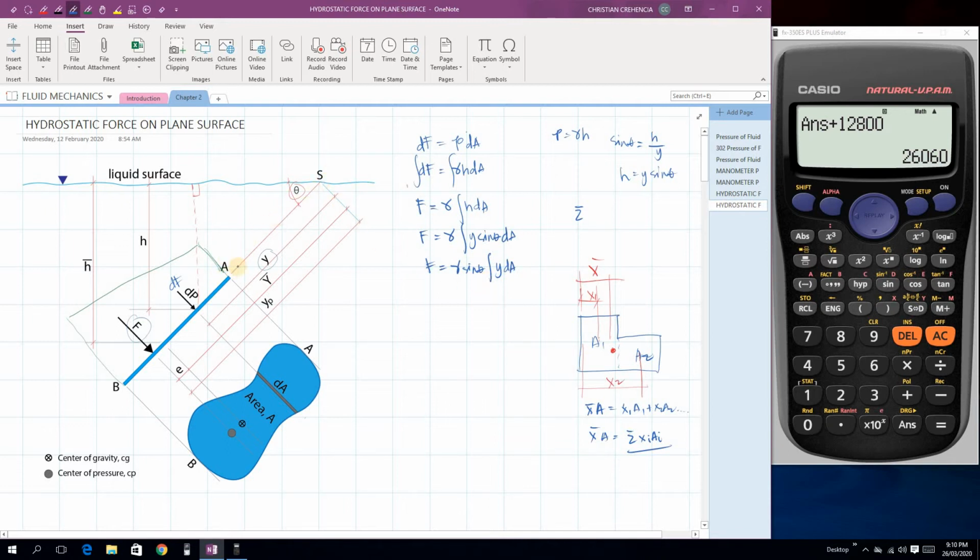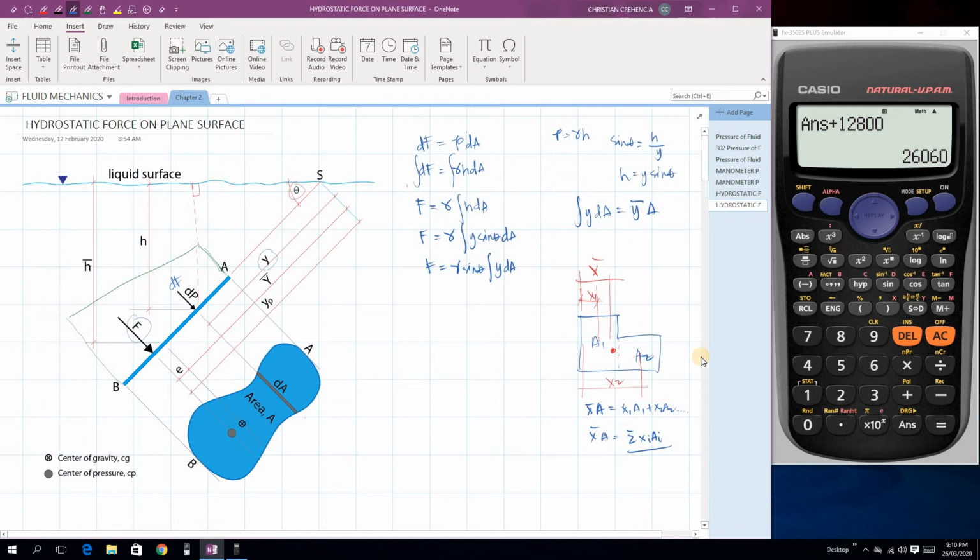Nagbabago yung, variable yung y natin times yung area natin. So, we can say na yung integral nung y dA, which is yung summation, is equal to yung y bar times yung total area natin.